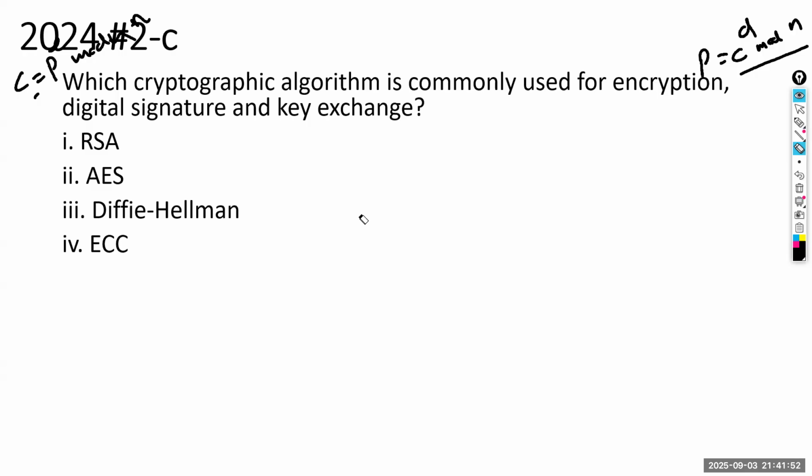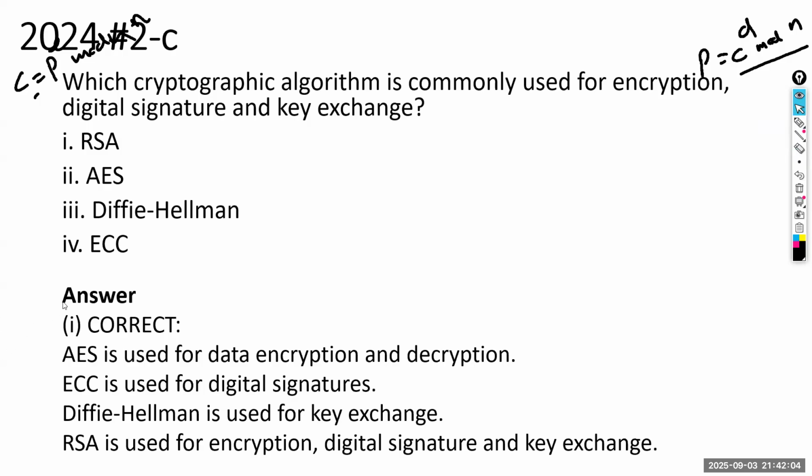And as I told you, the key exchange protocol is Diffie-Hellman. Anyway, we are going to do Diffie-Hellman in the next class. That is your next topic. So AES is also symmetric key. ECC for digital signing.